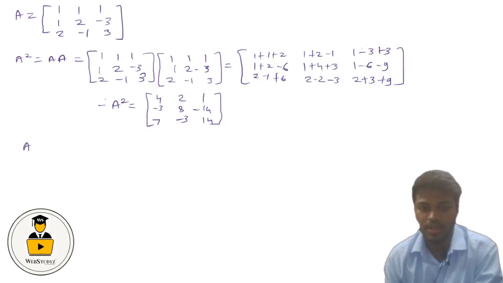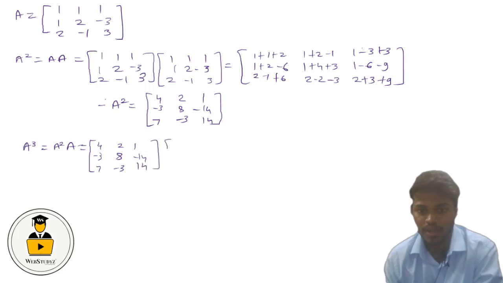Similarly, we can calculate A cube. A cube will be A square into A. Since we have got the value of A square, we will multiply this with A to get the value of A cube: [-14, 7, -3, 14] into A, which is [1, 1, 1; 1, 2, -3; 2, -1, 3].